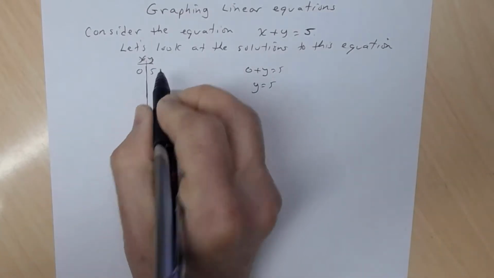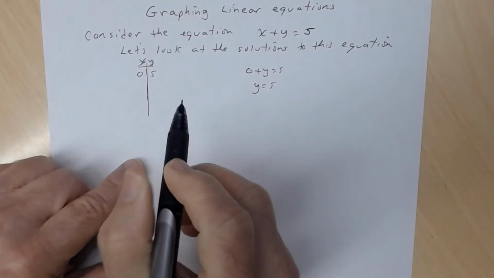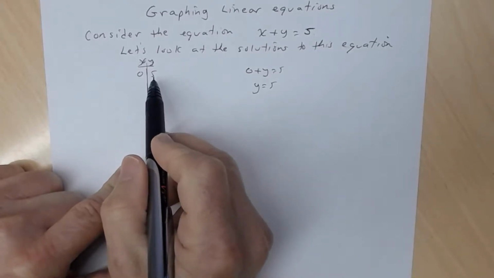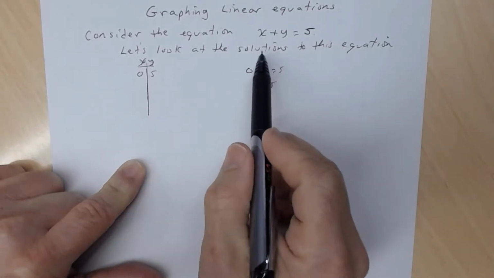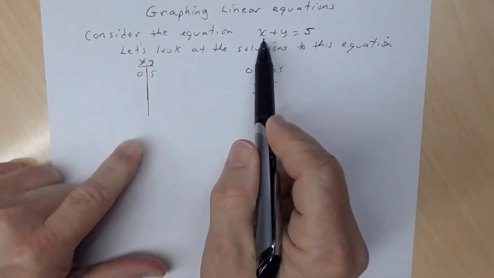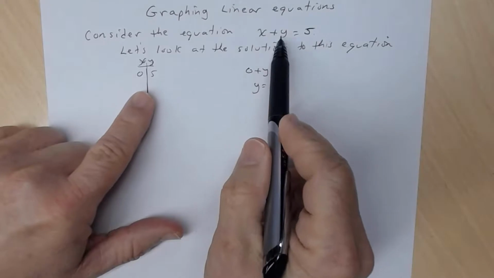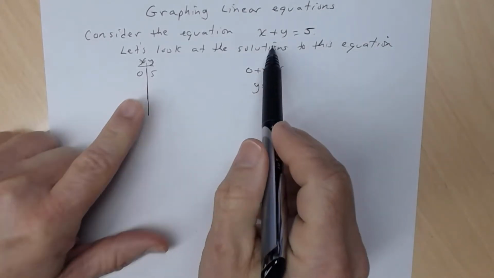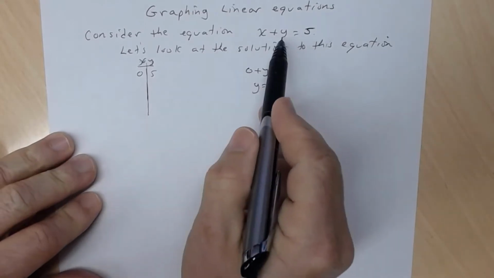That's my y value. And it makes sense because if you look at the coordinates 0 for x and 5 for y, if I substitute these values back in, I get 0 plus 5, which is 5, and 5 does equal 5. So these are the solutions to that equation.